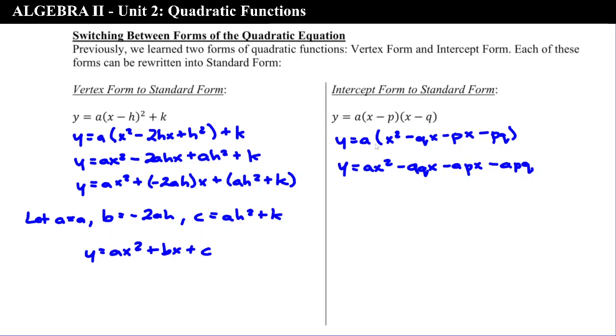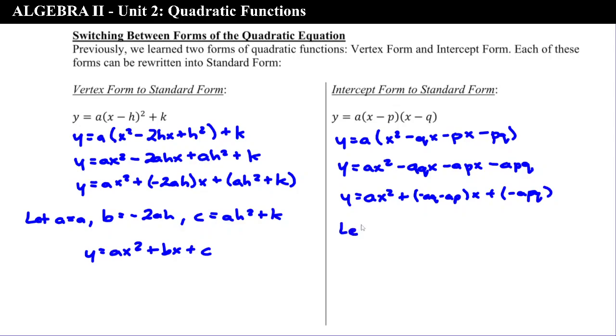And now I'm just going to group things together. We've got ax squared. I'm going to factor out a plus x and write what's left in the middle here, which is negative aq minus ap. And then we're going to do plus negative apq.